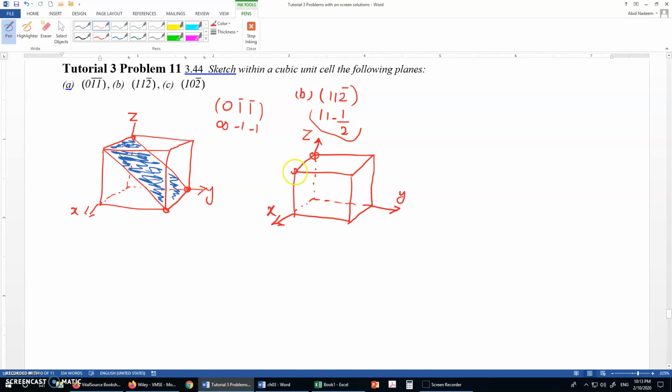And this will be point 1 along the positive y-axis, that will be another intersection point, and the third intersection point will be minus 1 by 2 relative to this. Okay, so minus 1 by 2 will be here. So these three will be the intersection points, and then we can join these points.